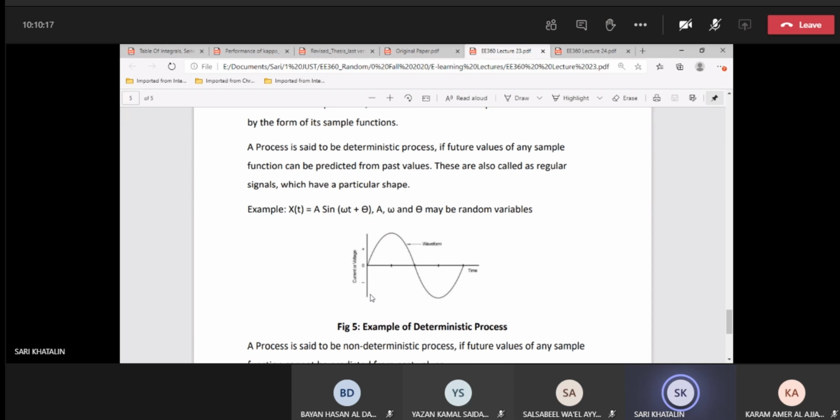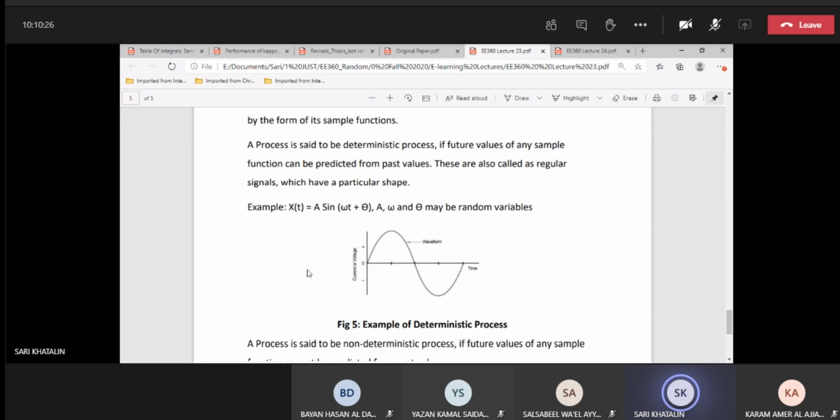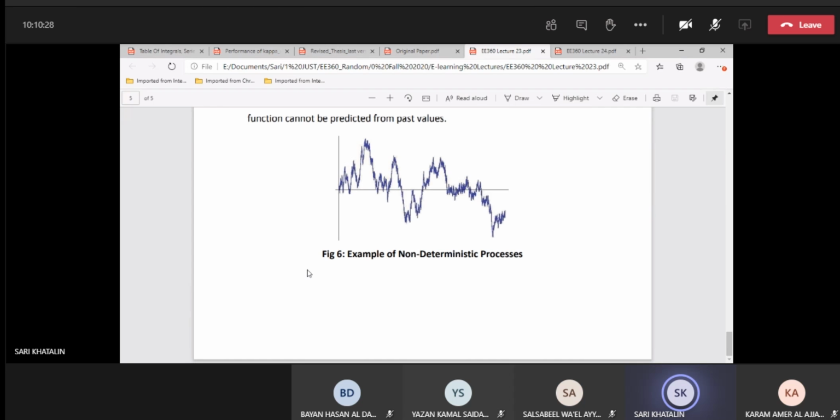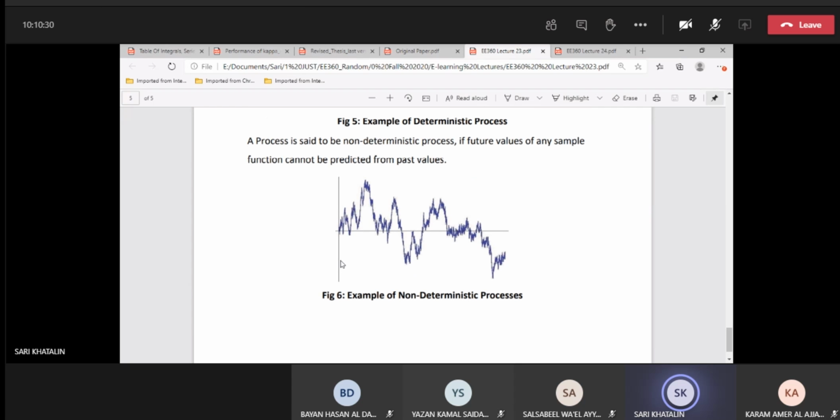With deterministic, we can predict the future behavior of the function based on the current information at hand. On the other hand, if you have another function that is unpredictable, it changes, it's not consistent, and you can't really tell how the next period is going to be.